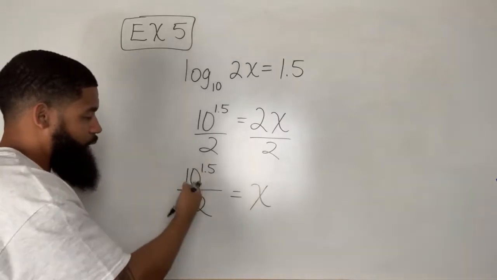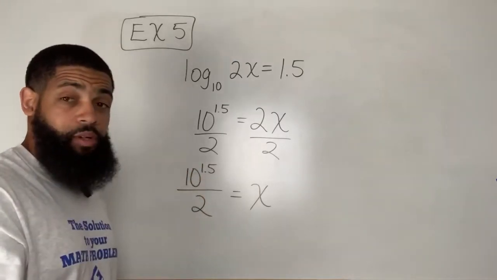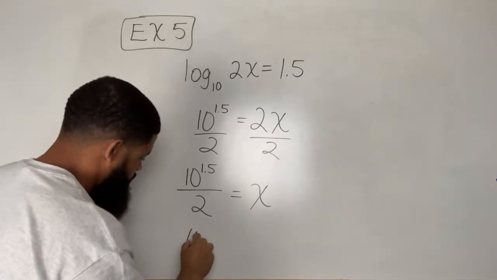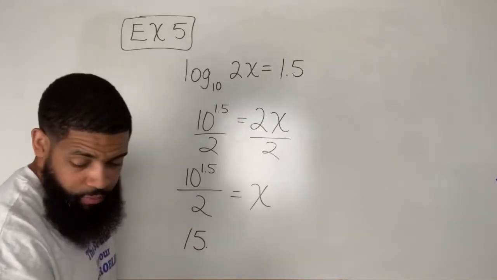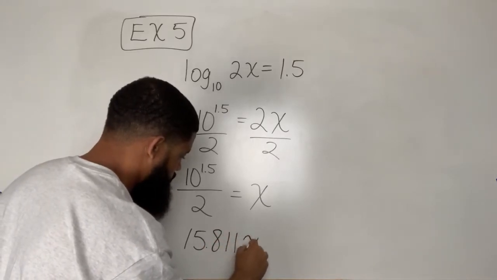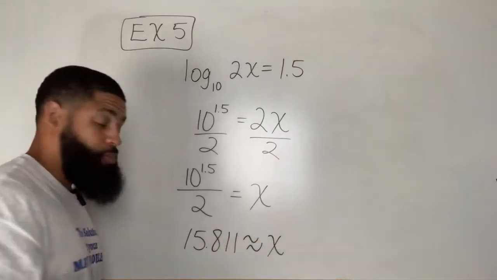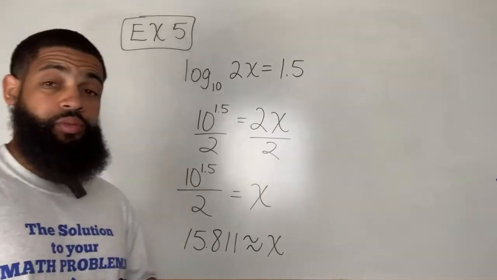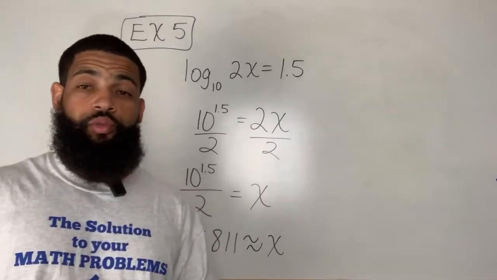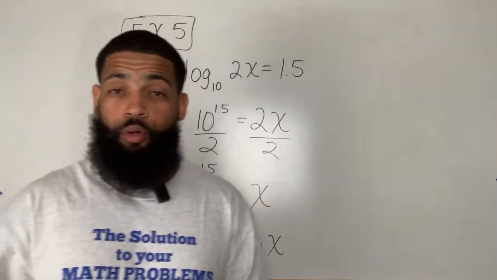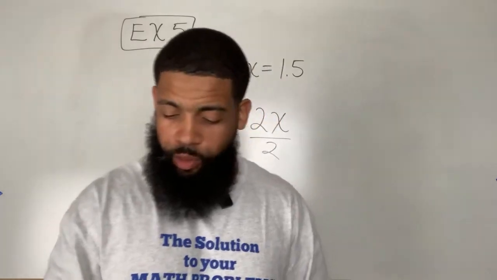And if I put in my calculator 10 to the 1.5 power divided by 2, I'm going to get approximately 15.811 is my approximation of x. Okay, so notice on these last two examples, we really just rewrote it in exponent form and took it from logarithmic form.